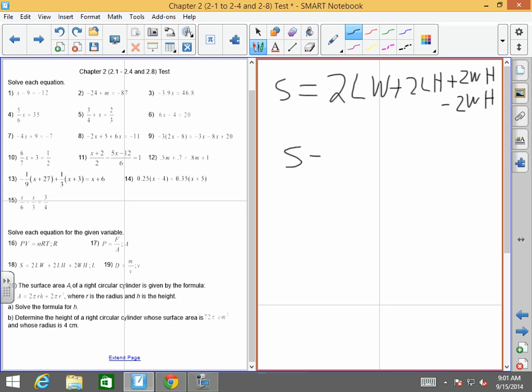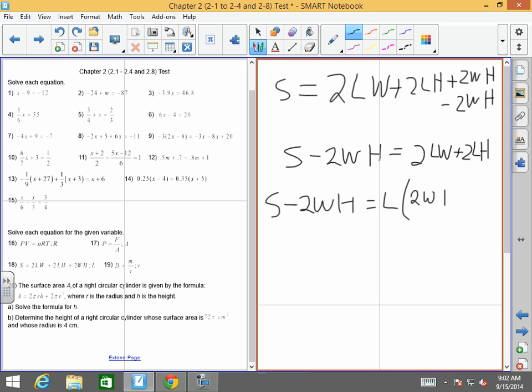So I've got S minus 2WH equals 2LW plus 2LH. I have an L in both of these terms, so what I'm going to do is factor out an L, leaving me with 2W plus 2H.